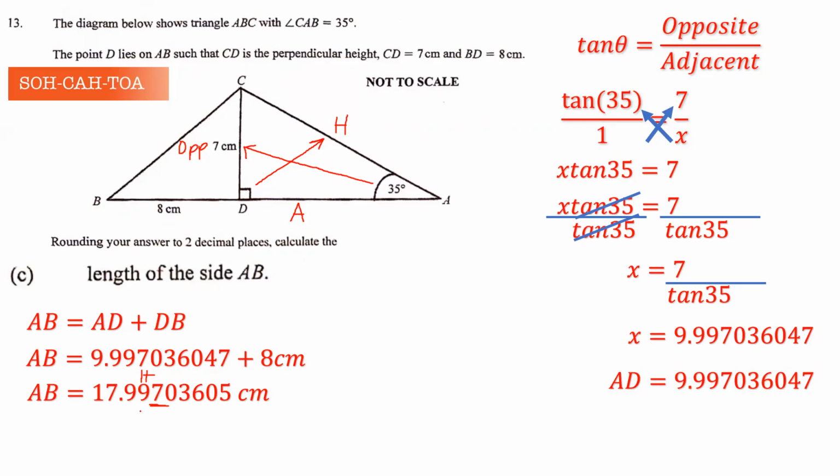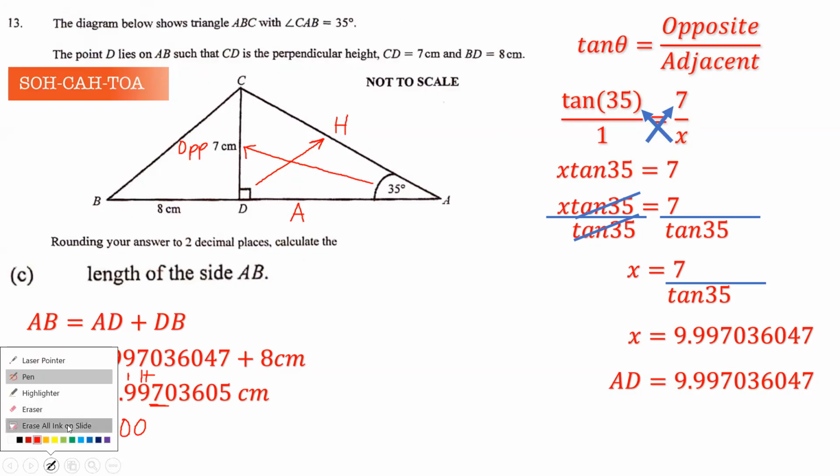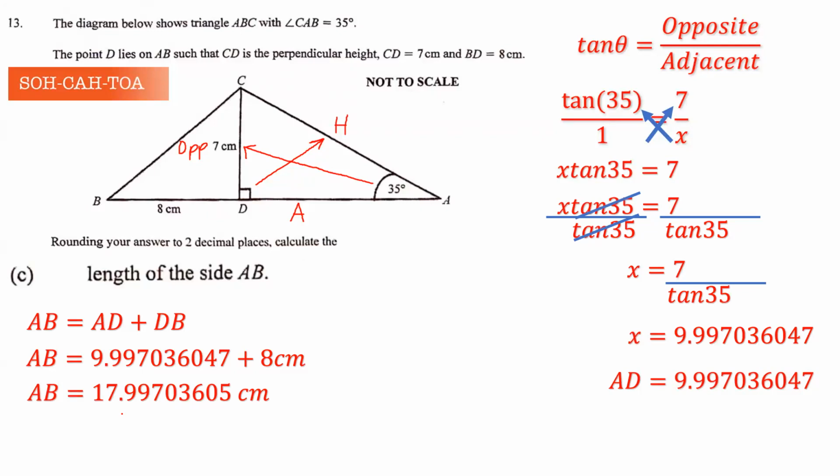If we add 1, this turns into a 0, and adding 1 here also turns into a 0, so we add 1 again, and this is going to be 18.00. So 17.99703605 written to 2 decimal places is 18.00 centimeters.